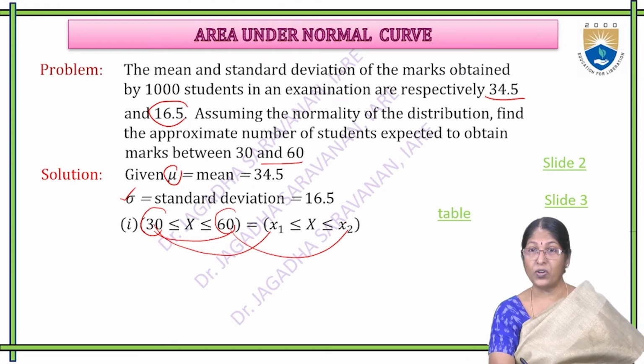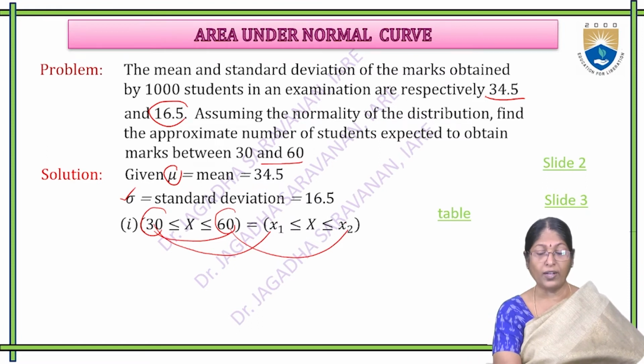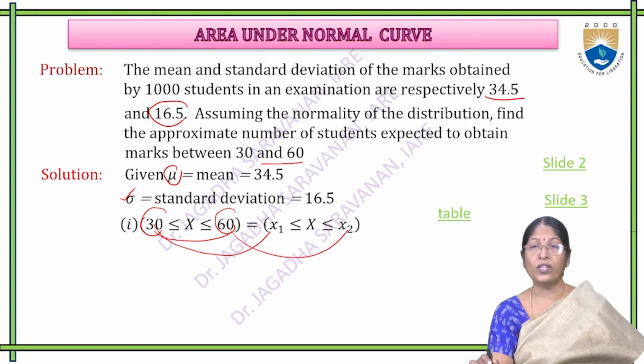But it is not possible to plot 30 and 60 in the normal curve, because to plot in the normal curve, z points are required. That is, we need the scale.